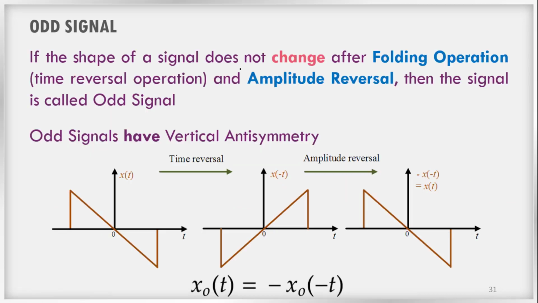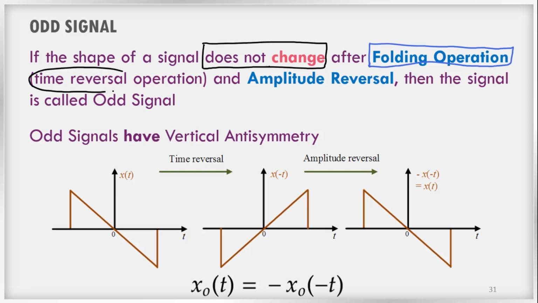If the shape of the signal does not change after two operations, please keep it in mind. One is folding operation. What is my folding operation? Flipping with respect to the vertical axis, or here it is with respect to the y axis, otherwise known as time reversal operation, because the horizontal flipping is happening with respect to the time axis.